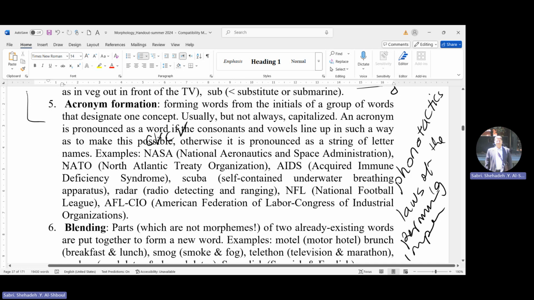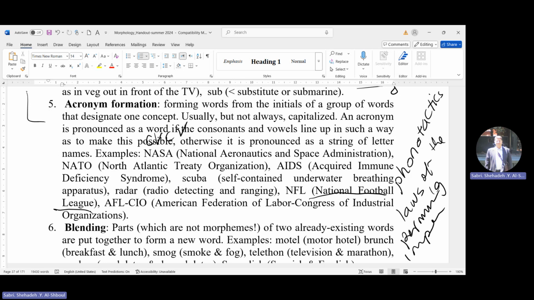NATO also has CVCV. But with, for example, National Football League, we cannot use it as a word, but we have to use this string of sounds or letters.